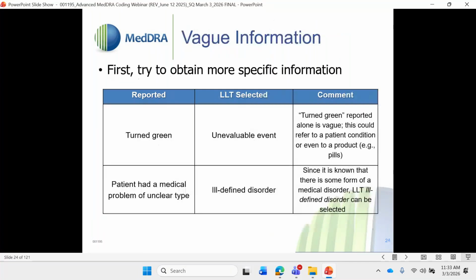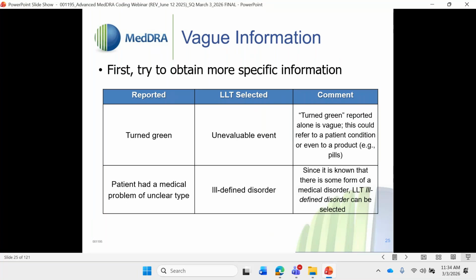Okay, so let's go on to additional scenarios. Here, again, the very first step is we try to get more information, right? Now, if we cannot, then what do we do? So if you have a report that says turned green, okay, what would I code for that?